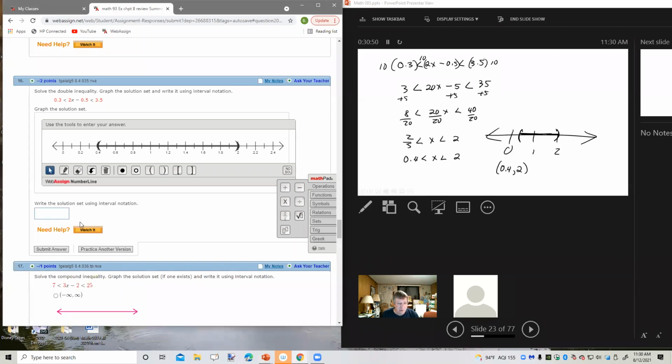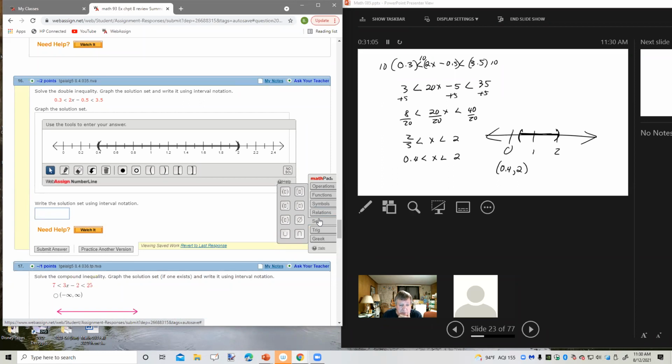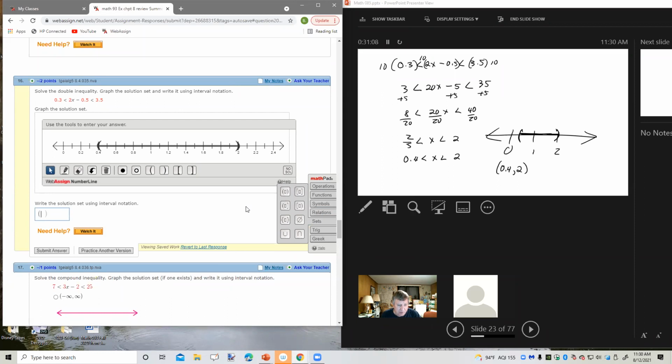So now I need parentheses. Where am I going to get those? Let's see. Symbols? No. Functions? No. Relations? No. Sets? Here we go. Sets. And I've got that. So I'm going to put in 0.4, comma, space, 2.